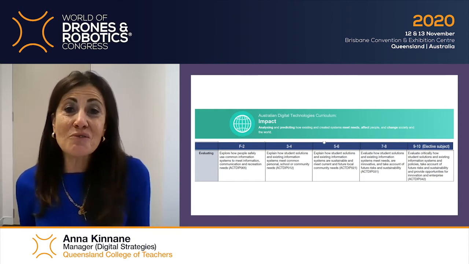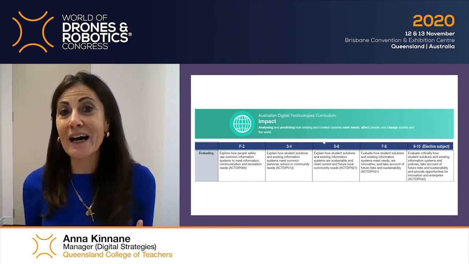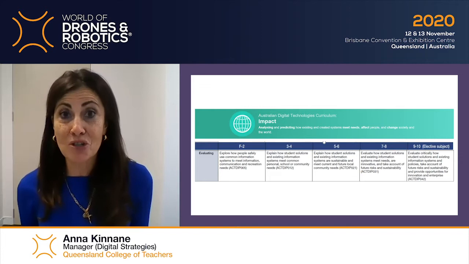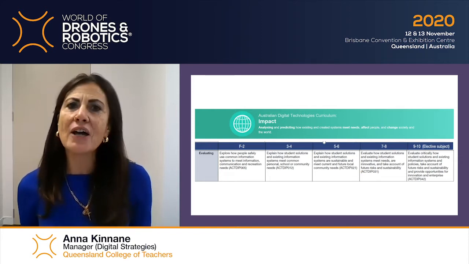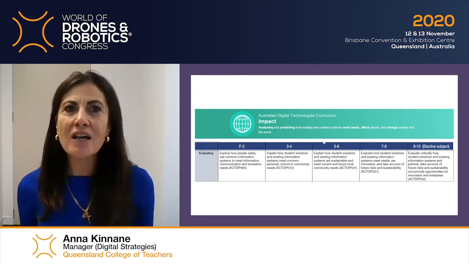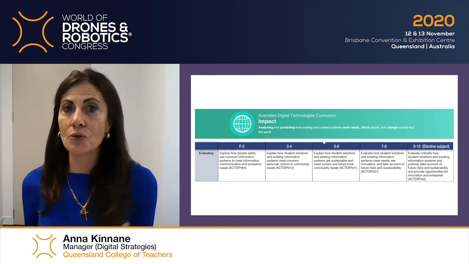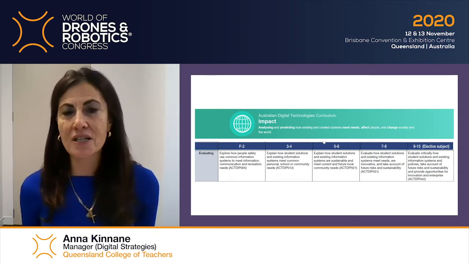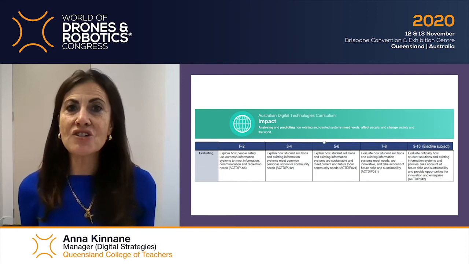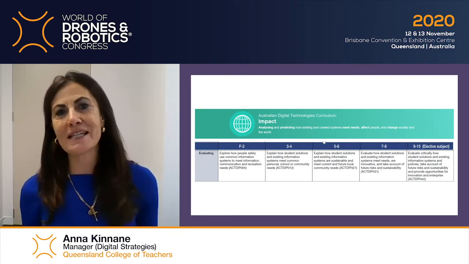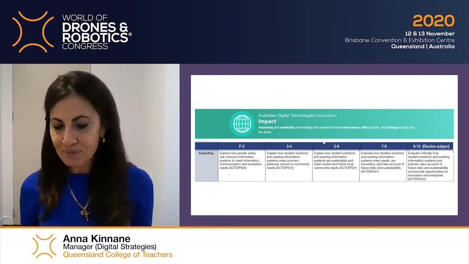And of course, the use of drones to capture images where they shouldn't really be capturing images. So it's all about privacy and all those conversations about the impact of our solutions or our technology on our society. So whilst we are engaging with the technology, we've also got this nice alignment to the English curriculum.